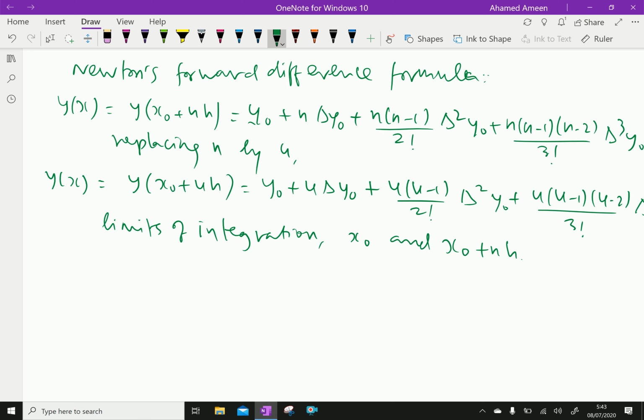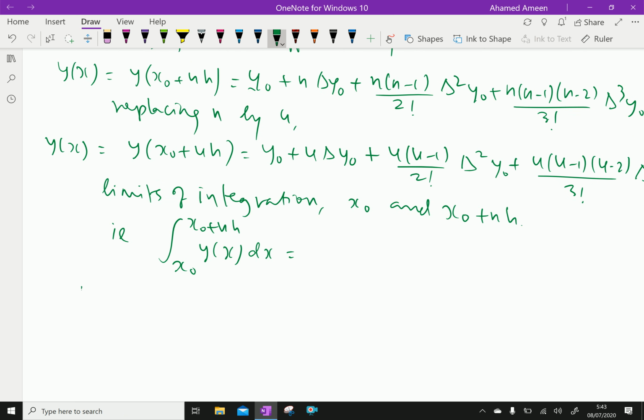So we can write the integration from x0 to x0 plus nh of y of x dx, which we have to find.